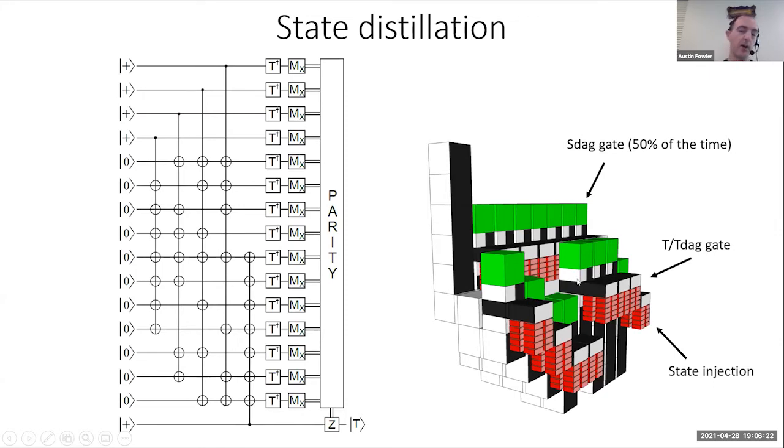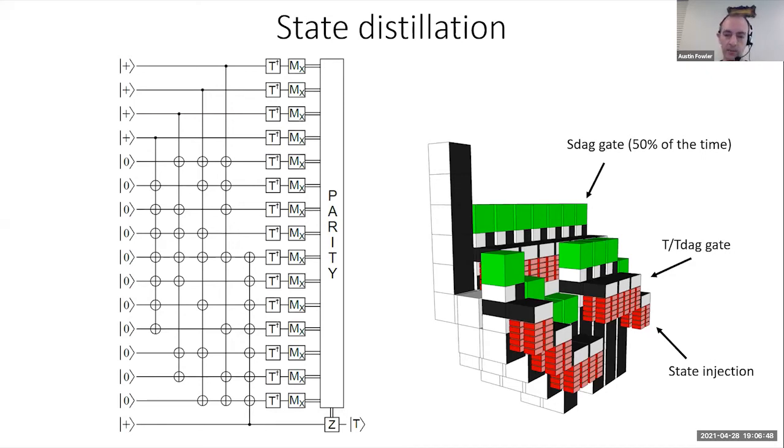This vertical gap is only there to give yourself enough time to do the classical processing. So classical processing is an integral part of doing this. Until you have all your error correction up to date, you don't know if you need to apply that S gate or not. So a critical component of a computer that runs quickly is very fast classical processing.